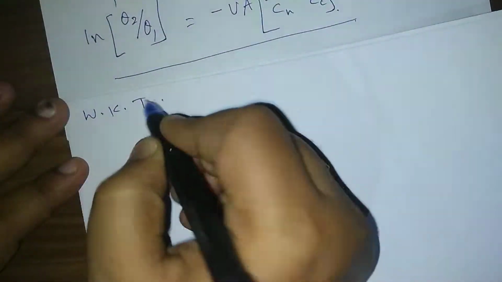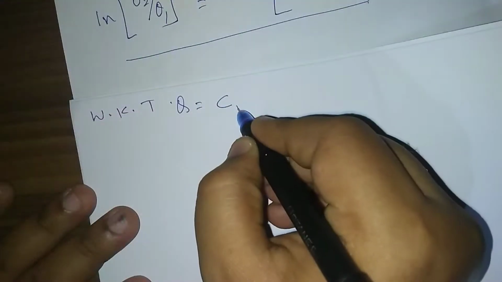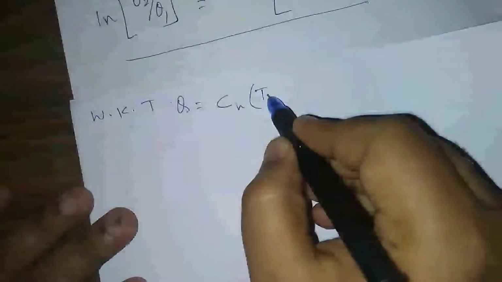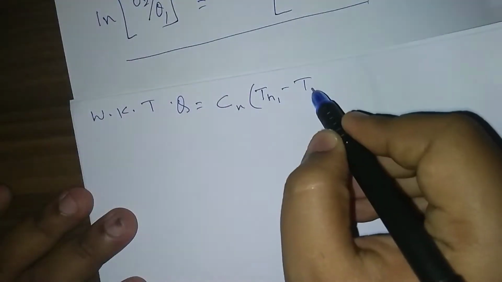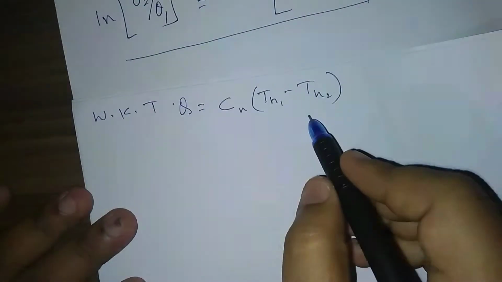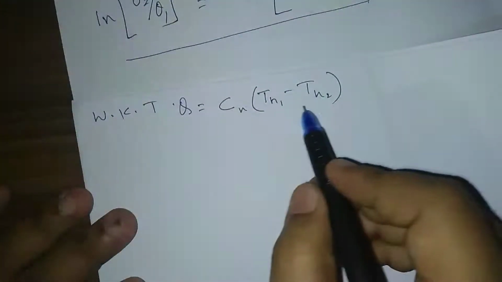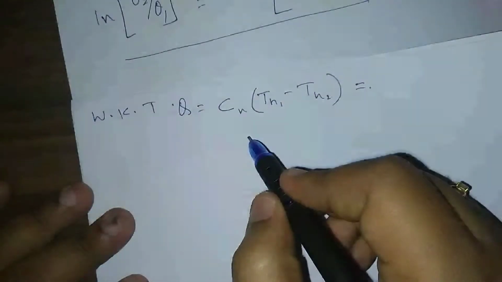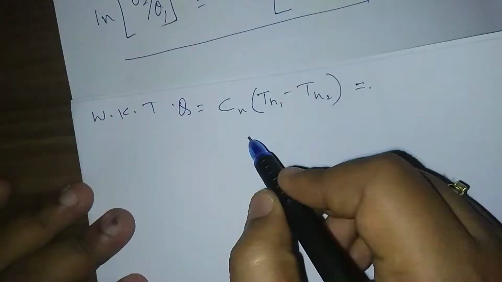So we know that Q is equal to Ch, which is a capital C, so m dot h into Ch times TH1 minus TH2. This is the change in the hot fluid temperature that is happening, which is nothing but the heat lost by the hot fluid, correct?